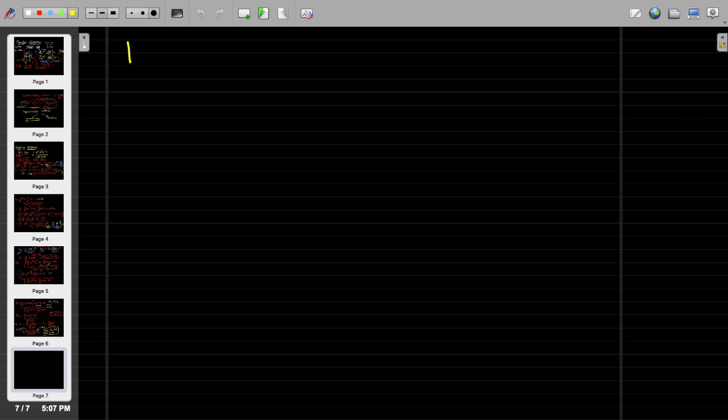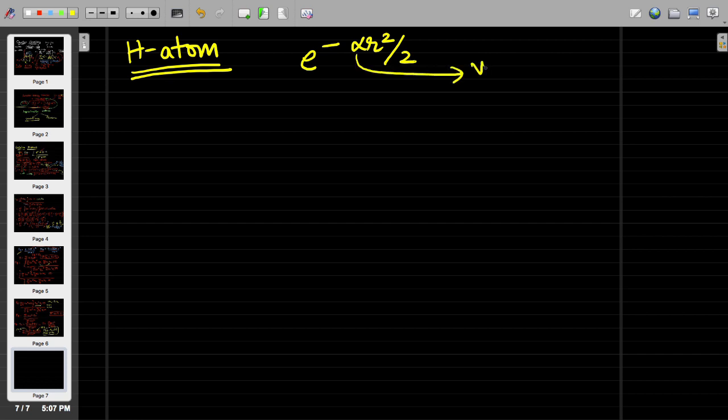So let's take the hydrogen atom. Let's say that we do not know the solution of the hydrogen atom problem. We can assume the ground state wavefunction is characterized by e power minus alpha r square. And here alpha is the variational parameter.